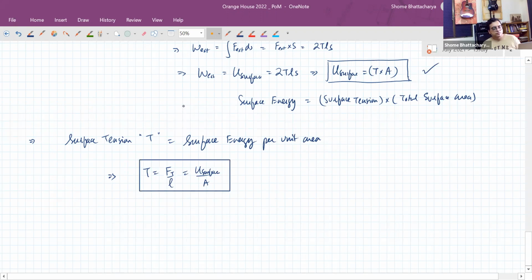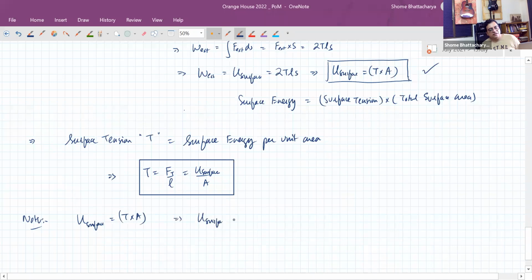And also, because the total surface energy is equal to surface tension into surface area, the energy is directly proportional to surface area.